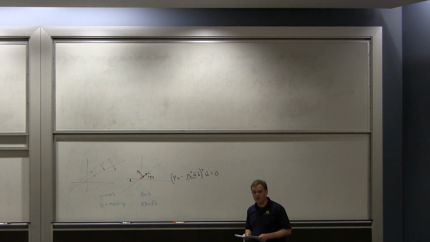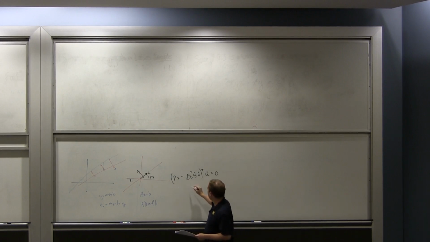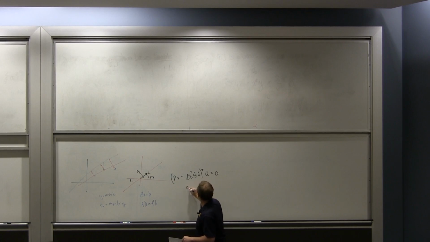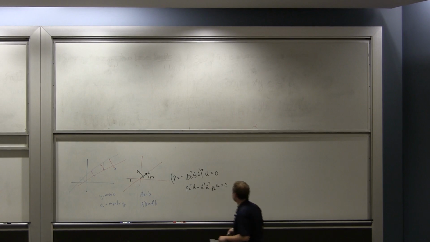Now I want to do this for every point that I've got. And you guys can probably already see that I'm going to be able to manipulate this into a form where I'm going to have points. Let's see. Should we multiply this out? P2 transpose u minus u transpose P2 u equals 0.